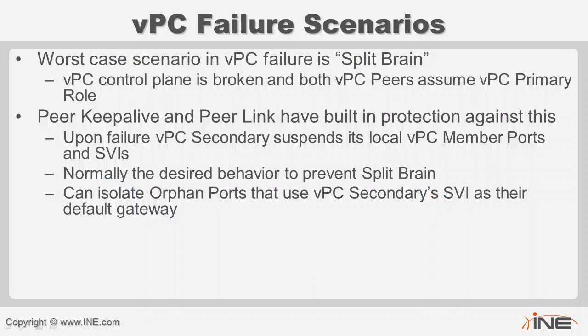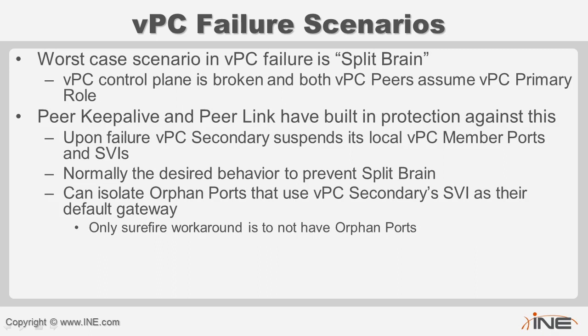So we run into a potential problem: if there is a failure and there are orphan ports, and the secondary vPC peer is the default gateway for the orphan ports, that layer 3 interface is going to be suspended, and the orphan ports are going to be isolated from the rest of the network. The only way to prevent this is simply not to use orphan ports in the first place.